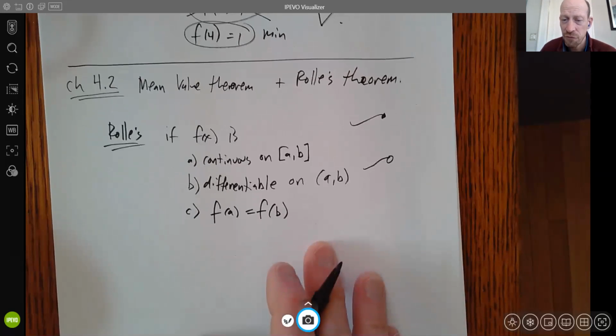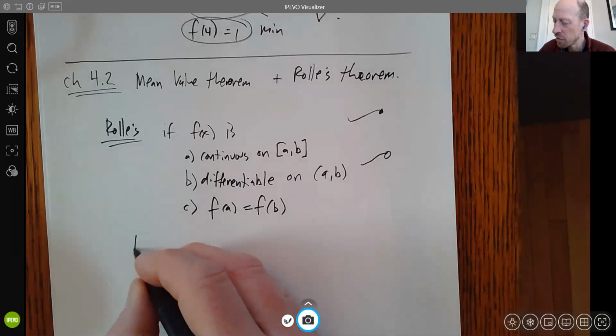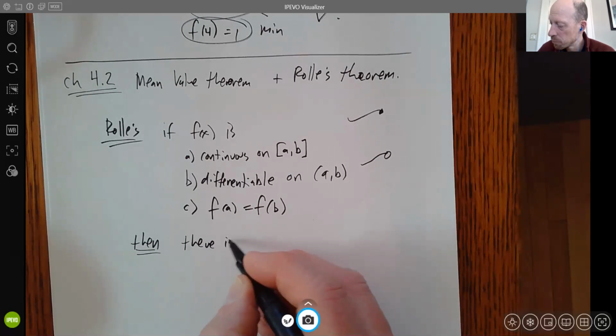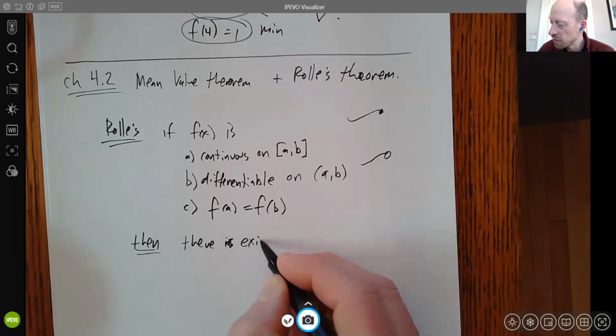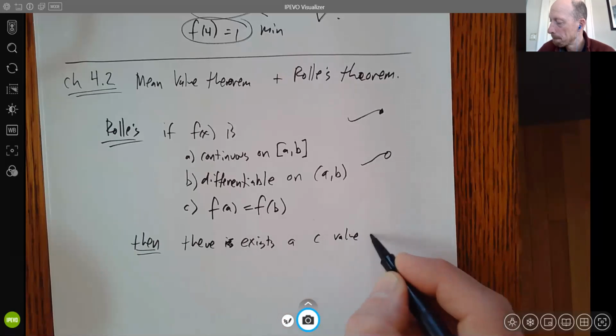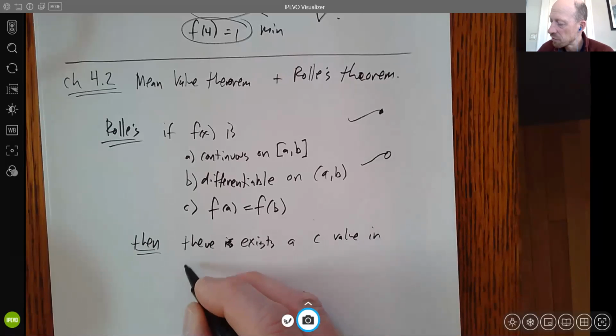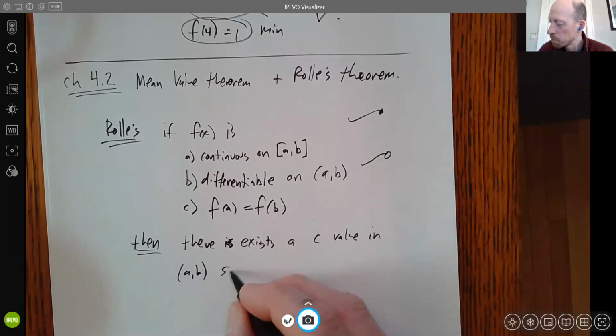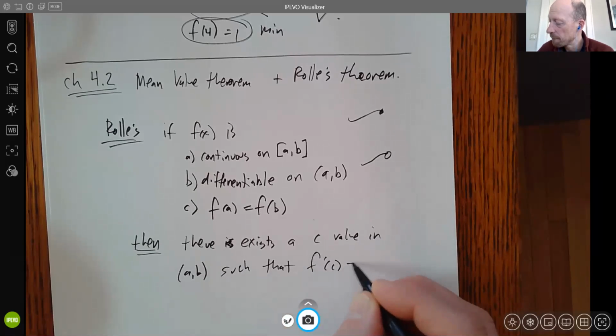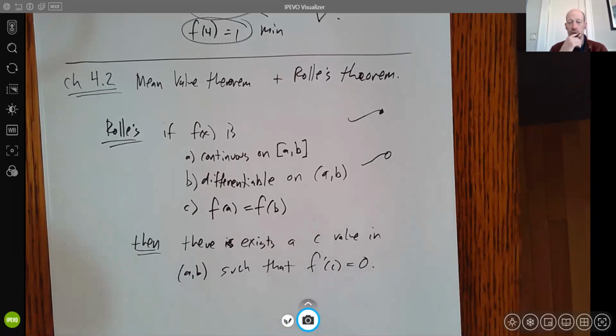So if you can meet those three things, then there exists a C value in the interval a to b such that f prime of C equals 0.